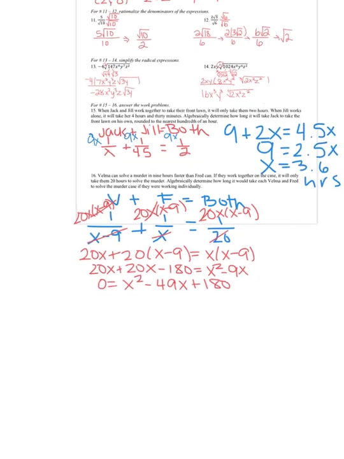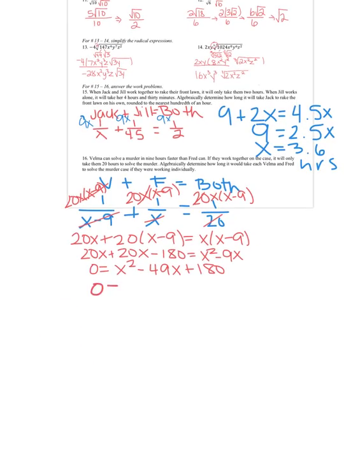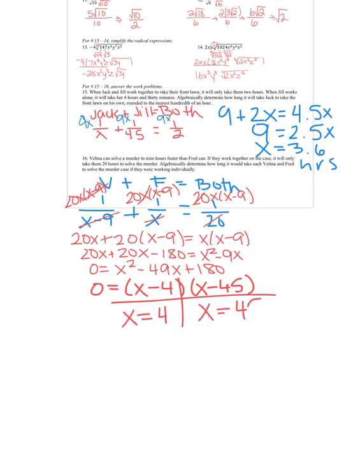When I factor this, I get x minus 4 times x minus 45. So I set up my t-chart. I get x is equal to 4 and x is equal to 45. So remember though, you're looking for both Fred and Velma. So Fred is x. That's what we have labeled back up in the equation. So Fred is 4 hours in this case. If Fred is 4 hours, Velma is 4 hours minus the 9 hours is -5.